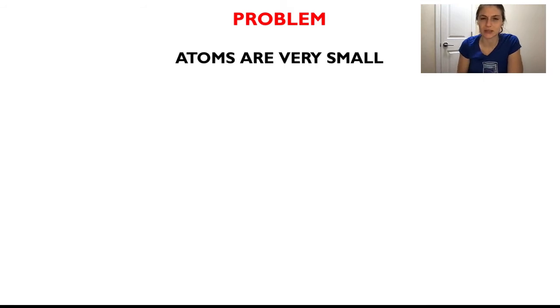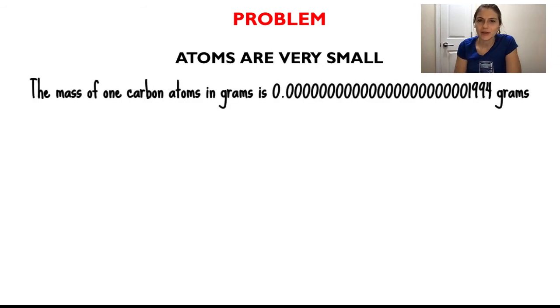Most balances that we use can measure to the hundredth of a gram, but one atom of carbon has a mass of, well, 1 times 10 to the negative 23rd grams. That's a really small number that's not very useful to use in calculations and really, frankly, just not very useful for the human mind to conceptualize.